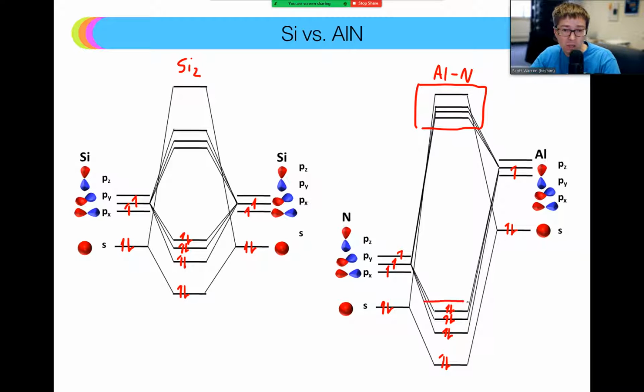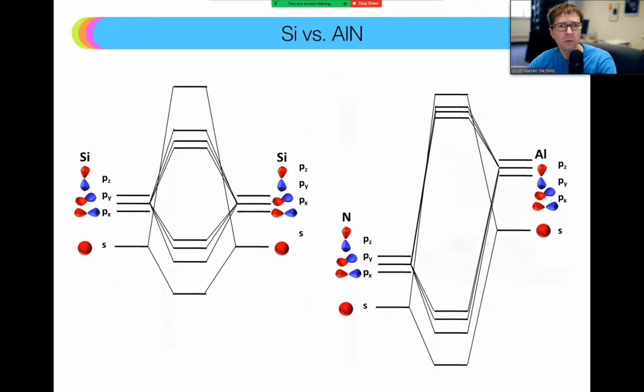When we shift the nitrogen down in energy, it shifts these filled bonding molecular orbitals down in energy. If we shifted the top ones up in energy and the bottom ones down in energy, that naturally means that there is a larger gap between the filled states and the empty states.